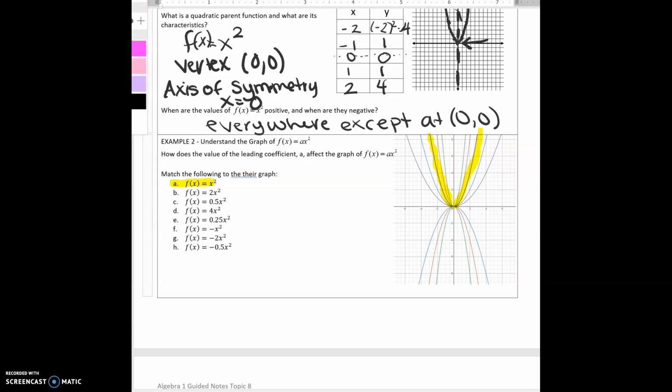We know the parent function based on what we graphed up here. It starts at 0, 0, then it goes 1, 1, 2, 4. And then here we have a dilation of 2 in the front. So it's going to take the y value and times it by 2. So we would go 1 and then it would go up to 2. And then 2 would go up to 8. So it's this red one here.